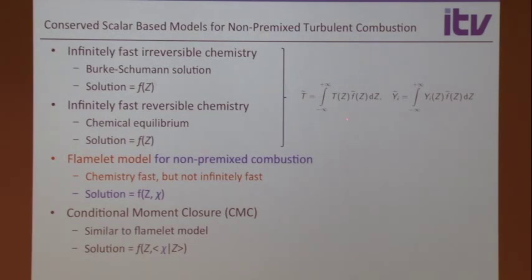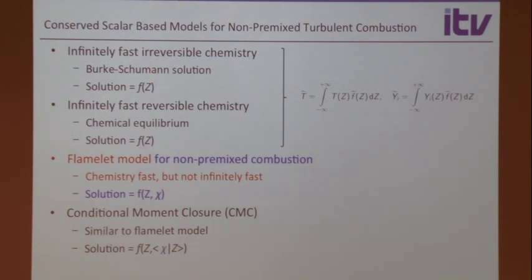And this means that for infinitely fast irreversible chemistry it is the Burke-Schumann solution we talked about. So you can just plug this in here. Now we have a presumed PDF for this. This here is just the Burke-Schumann solution. So you can get the temperature, mass fraction, density, everything with very, very simple functions.